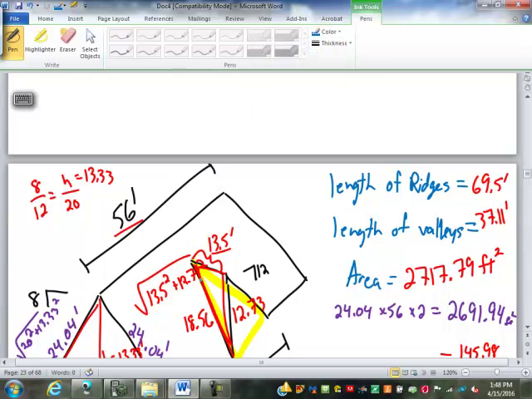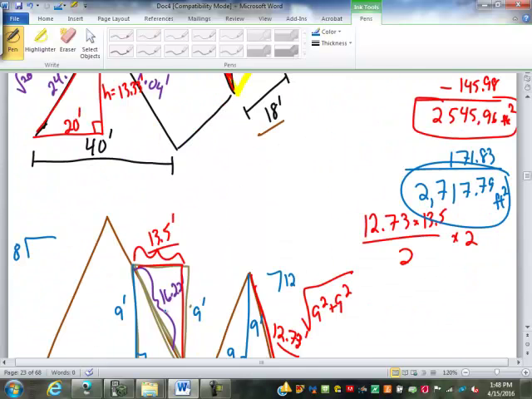What if I wanted to know this angle here? Well, 12.73, 13.5. Can I find that angle? You bet.